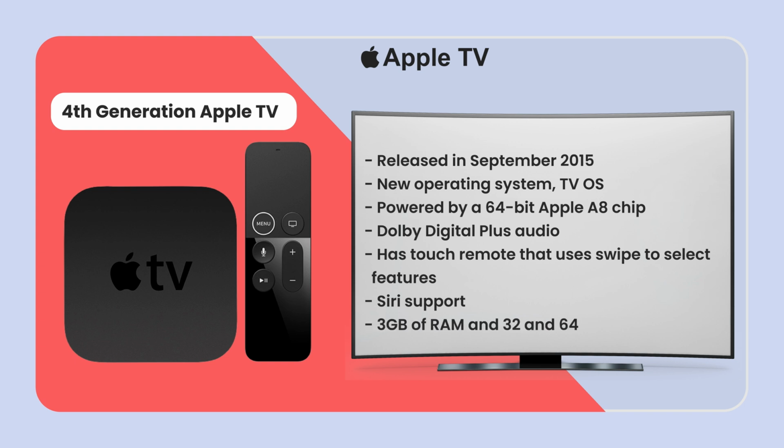It's powered by a 64-bit Apple A8 chip and adds support for Dolby Digital Plus audio. This model's touch remote uses swipe to select features, Siri support, a built-in microphone, volume control over HDMI, CEC, and IR, and an accelerometer. It has 3GB of RAM and 32 and 64GB storage options.